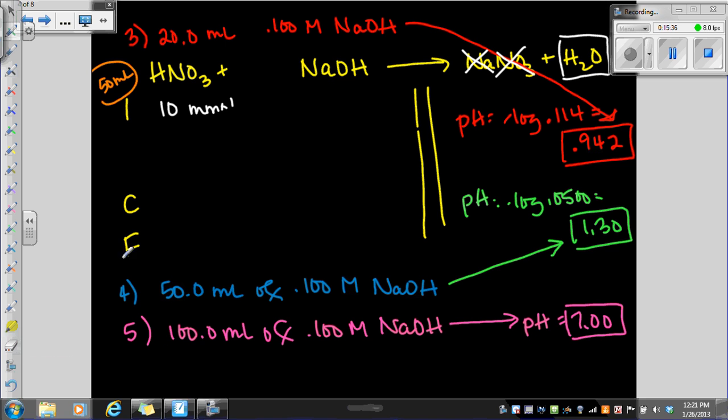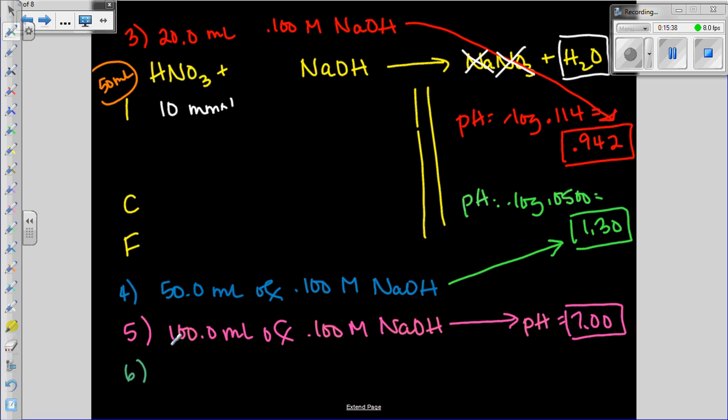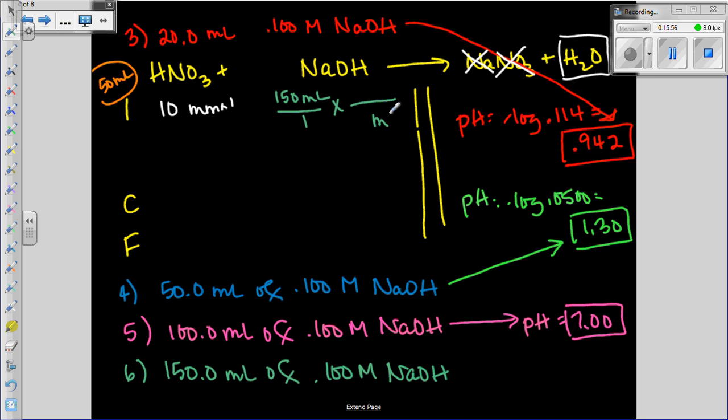We now have 150 milliliters of 0.1 molar sodium hydroxide added. The amount of nitric acid has not changed, but now we take milliliters times molarity, and we get 15 millimoles.